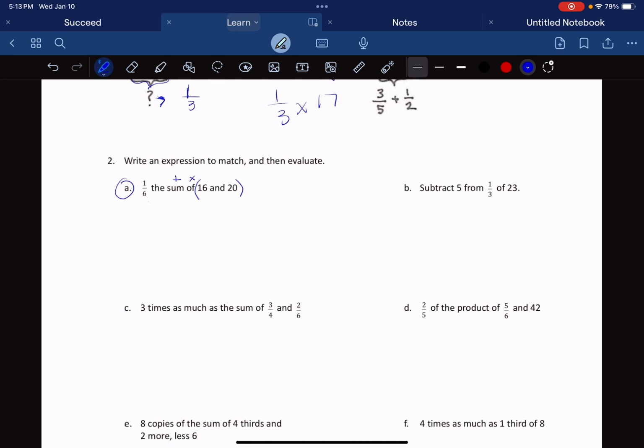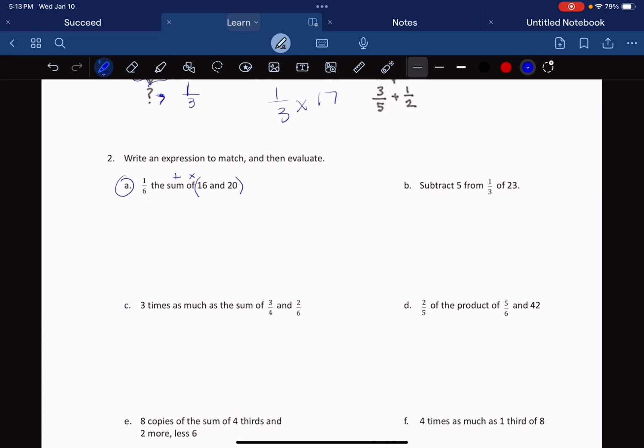So if I was going to write this as an expression, I would write 1/6. My "of" should go with my fraction times my sum. My addition is going to replace the "and." So 1/6 times 16 plus 20. And make sure you have those parentheses.